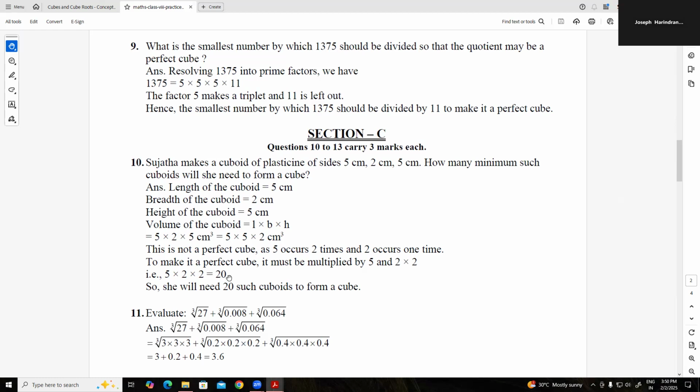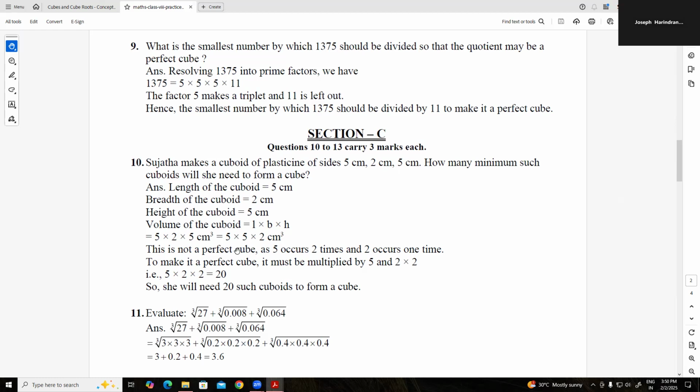There's another way where you divide the volume of the cube that will be formed by the volume of each cuboid.